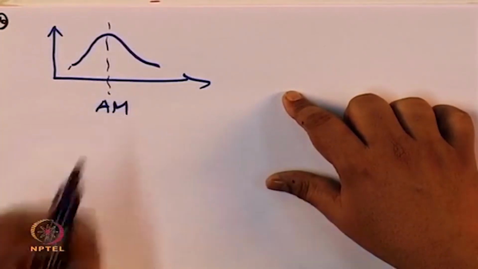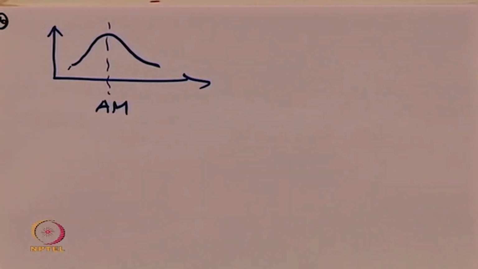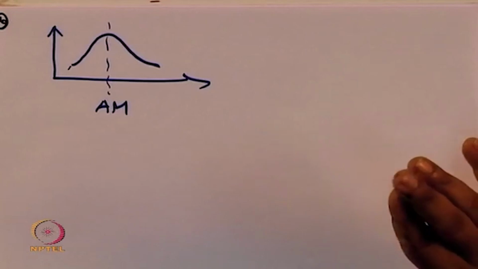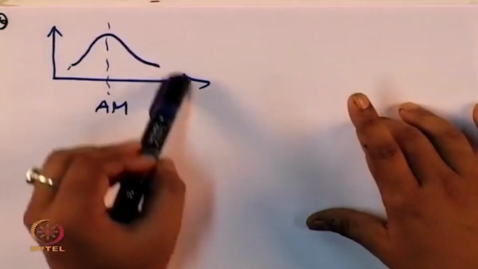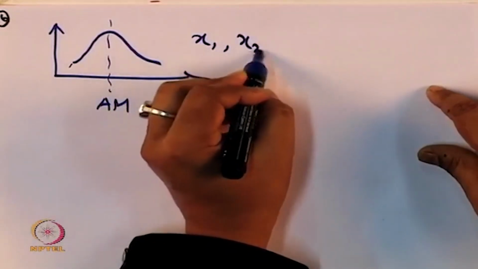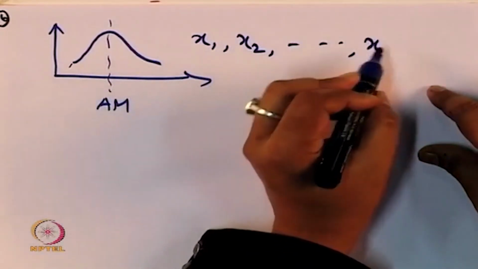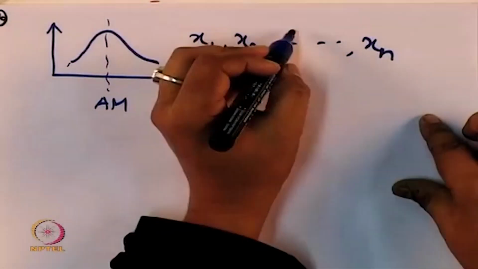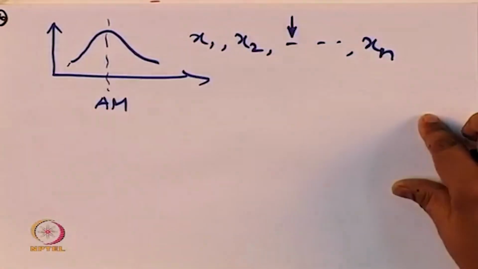This is where your arithmetic mean lies. Okay. Now, there is one more way of doing it. Okay. So, what you can do is you can sort these numbers, x1, x2 up to xn, in ascending or descending order, and try to find which is the number which is directly in the middle.